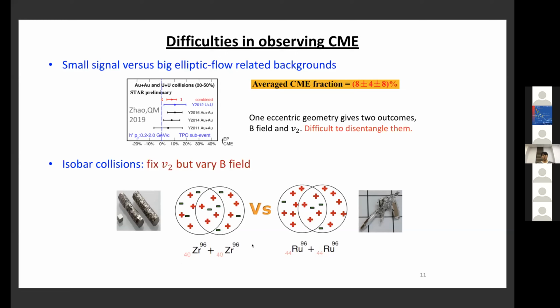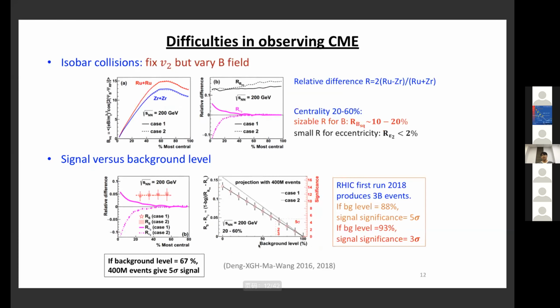So in this way, the background can be fixed, but the signal itself, which is expected to be proportional to the B field, would be different. And indeed, the theoretical calculation shows that there is a relative difference between these two colliding systems of the magnetic field.